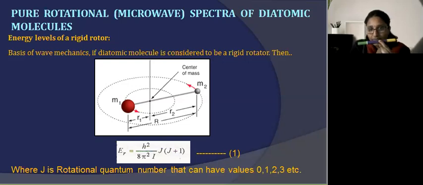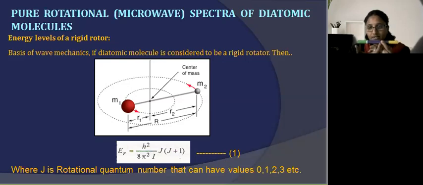And from the solution of the Schrodinger wave equation, we got equation number 1: ER, that is rotational energy, is equal to h square by 8 pi square I into J into (J plus 1). If you consider the diatomic molecule, the center of gravity is here. The mass of one atom, hydrogen, is m1, and the mass of the other atom, chlorine, is m2.